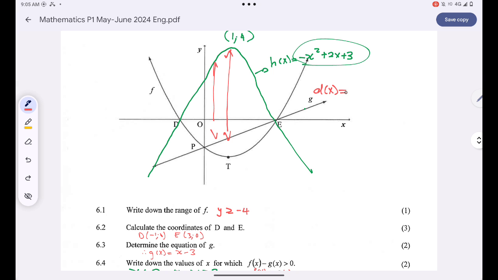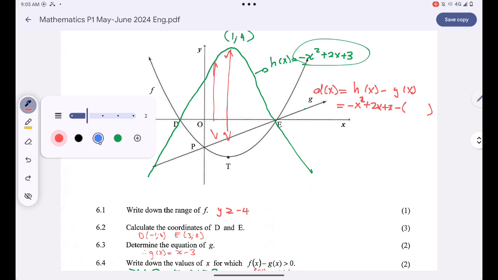We'll get it by saying h of x minus g of x. h of x is negative x squared plus 2x plus 3, minus g of x. g of x is equal to x minus 3. And therefore we'll simply have negative x squared plus 2x plus 3 minus x plus 3.